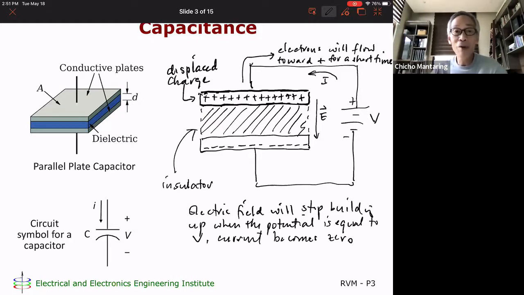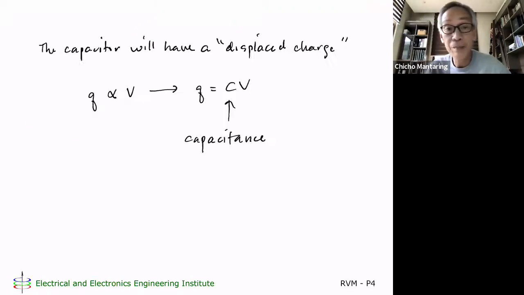Kahit anong gawin mo, walang charge na magfo-flow diyan. So when you say you have a current flowing through a capacitor, it is because charges are being displaced. It is not because there are actual charges that are flowing through your dielectric. It is because your charges are being displaced. Okay? So that is the concept of your capacitor.